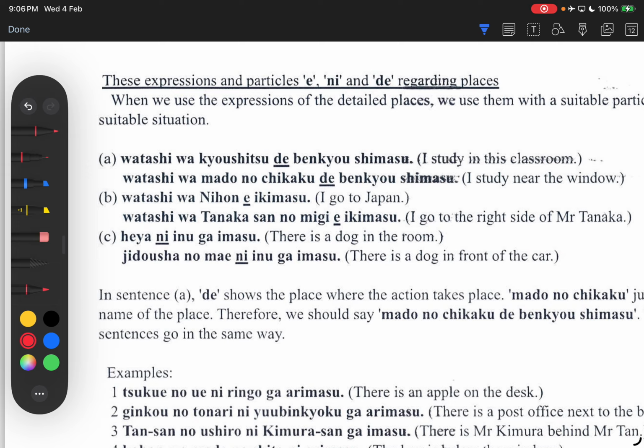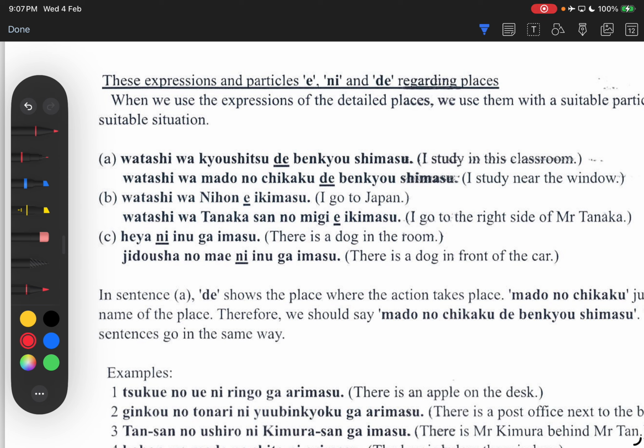In the room, there is a dog. The next one, 自動車の前に. This ni is just a positional particle, located in front of the car. So 前に犬がいます. We don't say 前で or 前へ, because this is positional, so we need to use the positional particle ni.